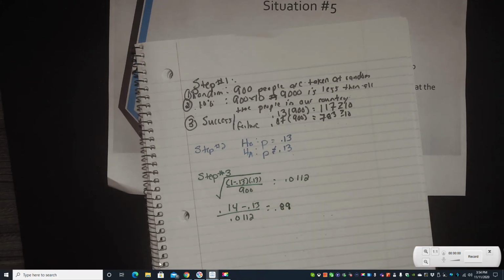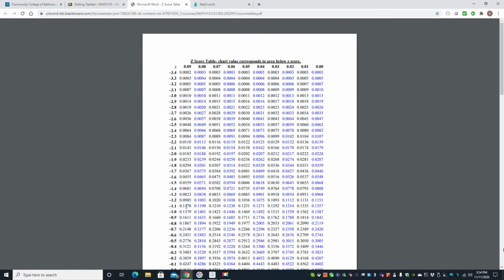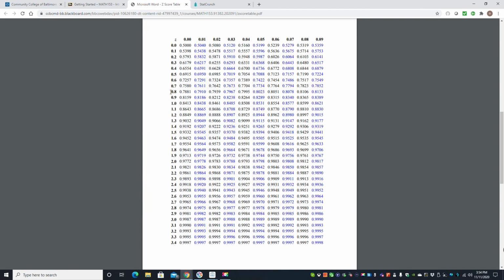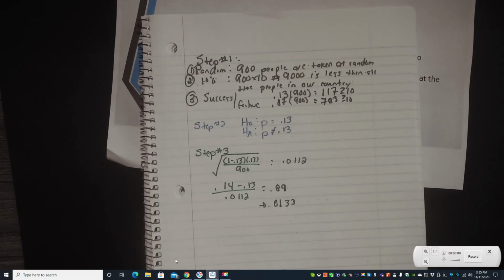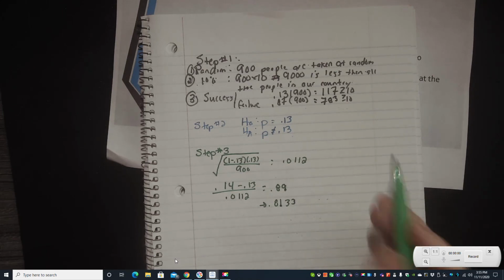Okay, and if I look up my z-score, that gives me 0.8133. Okay, so now here's something that happens every now and again. The rule for not equal to is to multiply by 2, but as you can see, if I multiply this by 2, it's going to be over 1. And so you can't do that.